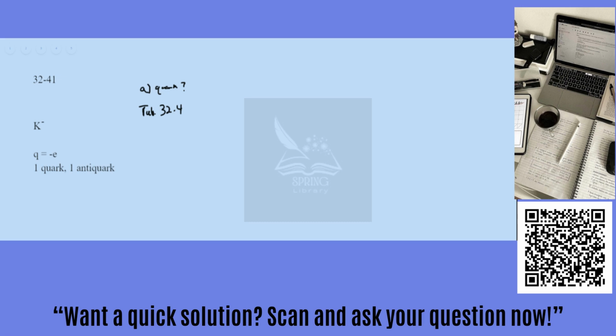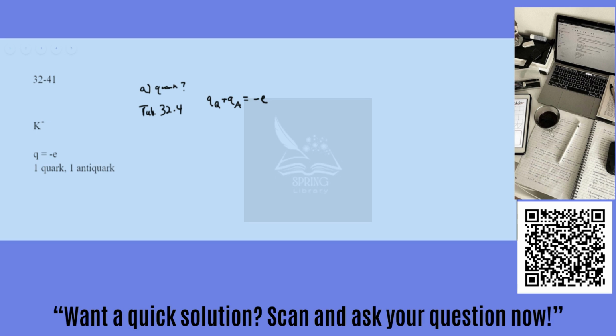We know there's one quark and one antiquark, so the charge of the quark plus the charge of the antiquark has to equal negative e. Any quark that we choose, an antiquark has to sum with that quark charge to equal negative e.